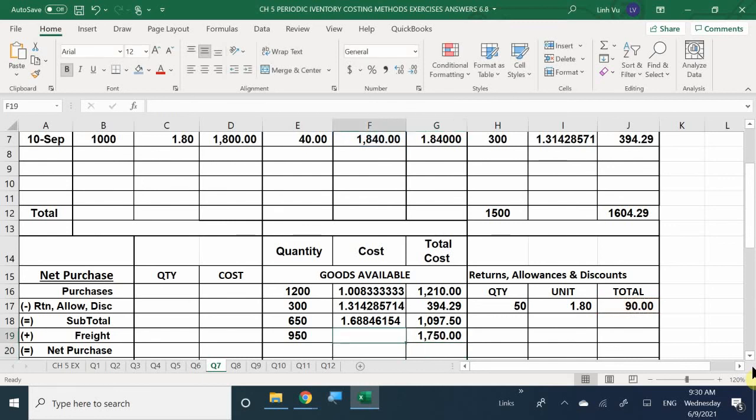Okay? Now I have a new quantity and a new total cost, so I need to recalculate my new cost per item. I got 1.842105, and it goes on and on. Good.